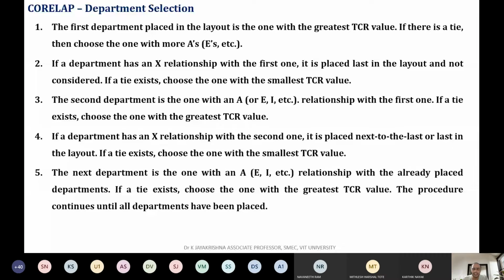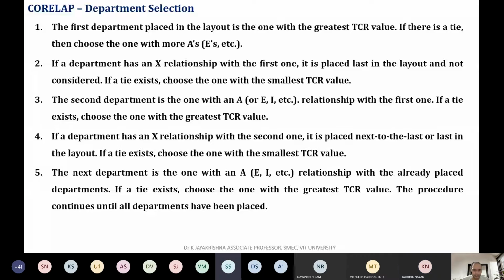Say for example, the TCR value of the mechanical department is 10 and the TCR value of the civil department is 8. Which department should I place next? If the relationship shared by both departments with the main building is A, and the TCR value of mechanical is 10 and civil is 8, which department should I place next to the main building?